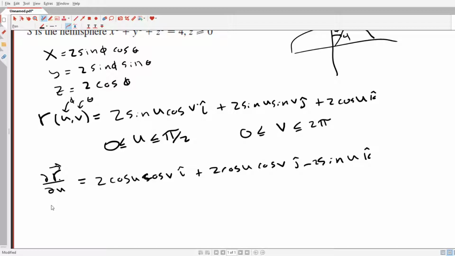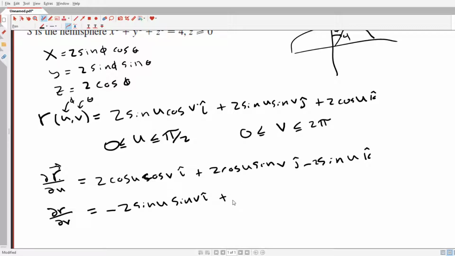All right, and then I do the derivative with respect to v. Derivative of cosine is negative sine, so that's negative 2 sine u sine v i.